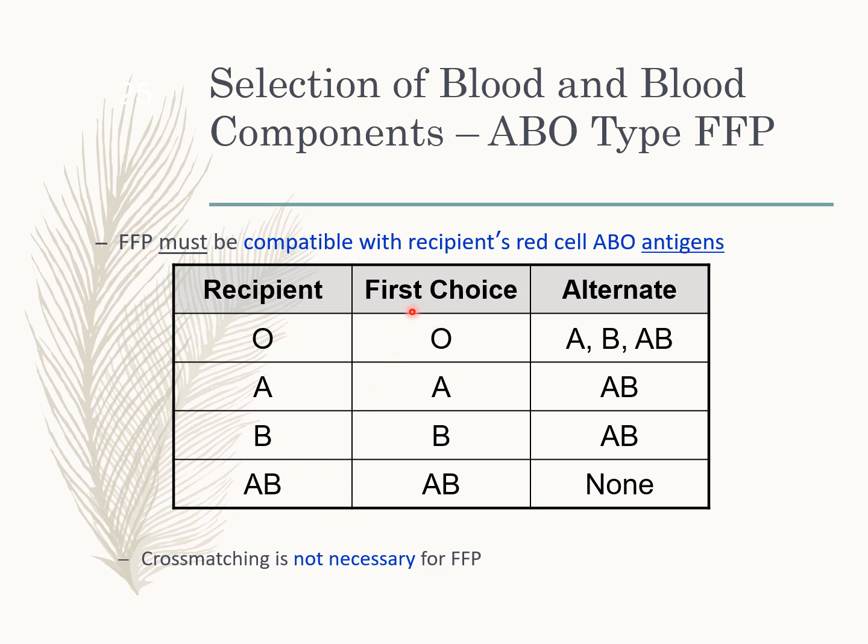So you don't want to give them O plasma because that O plasma has anti-A and anti-B in it. So it will attack the recipient's red blood cells. You do not have to cross-match for FFP. Typically, we only cross-match for any component that has RBCs present.